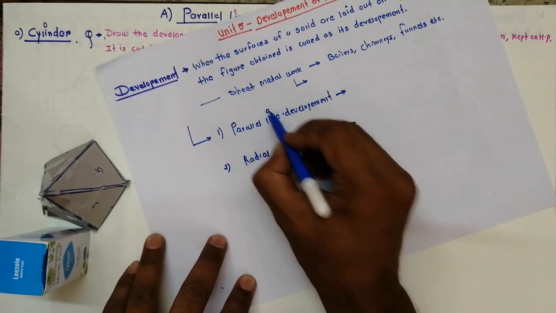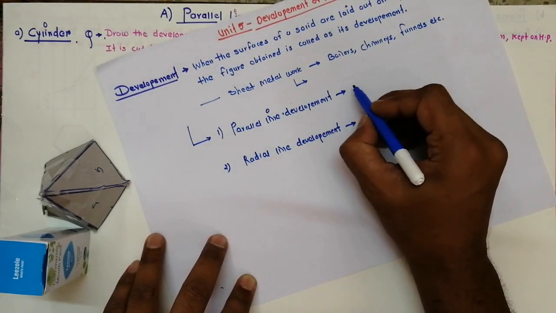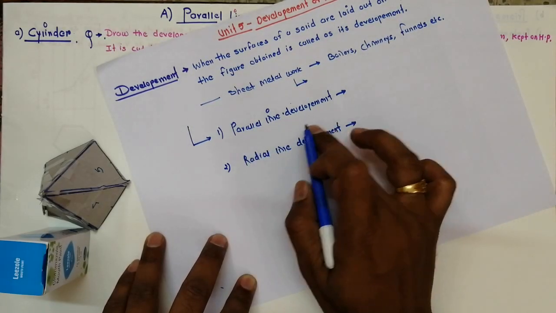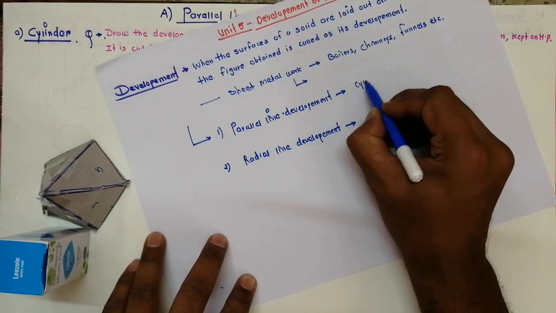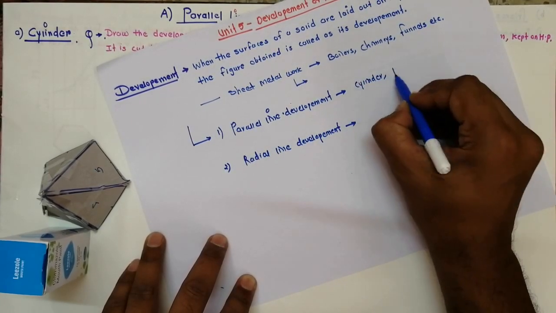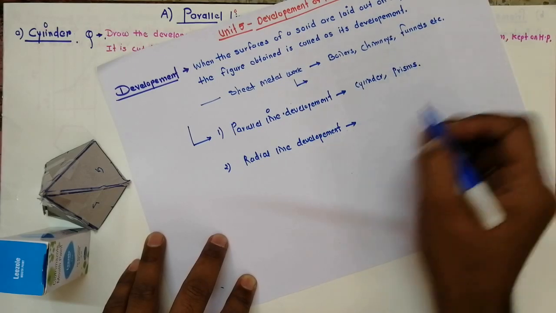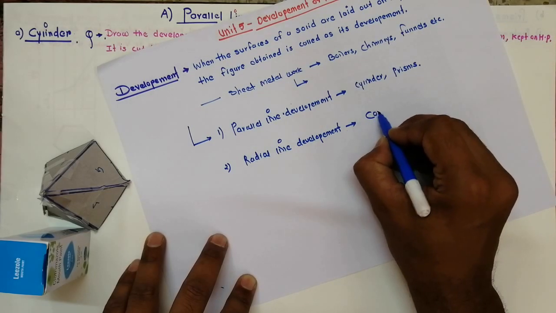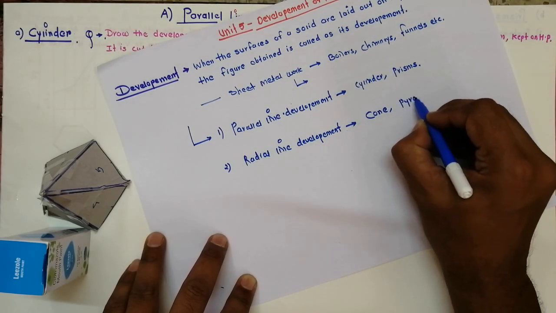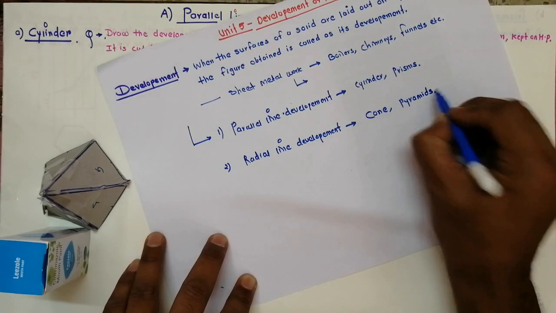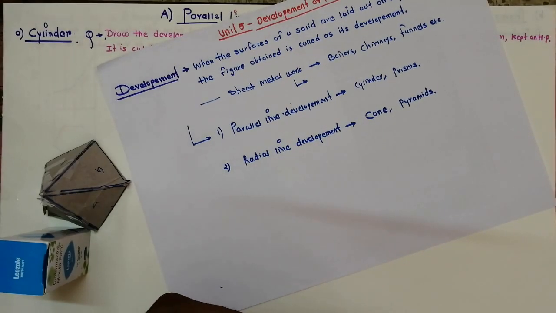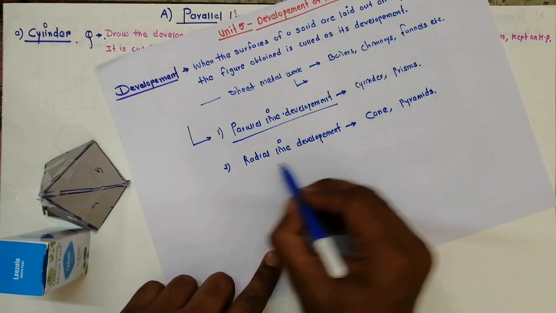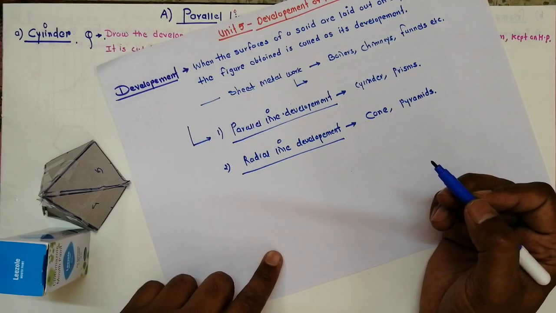The solids included in parallel line development are cylinders and prisms. For radial line development, the solids are cones and pyramids. So if the problem is of a cylinder or prism, you use parallel line development, and if it is of a cone or pyramid, you use radial line development.